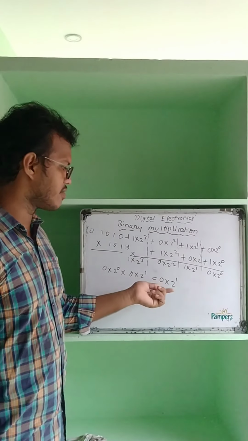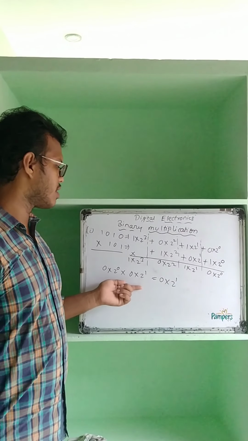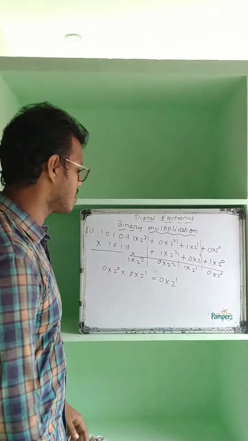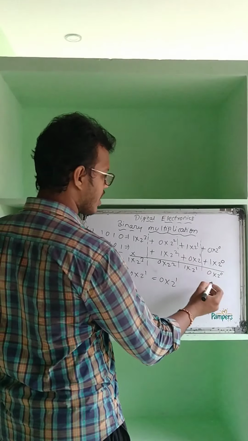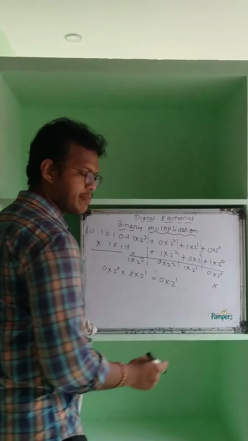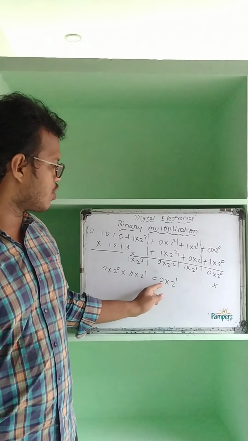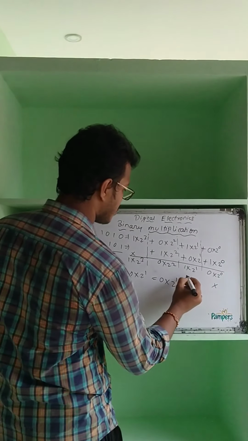If we see the result of the two multiplied numbers, the 2 power 0 is not appearing in the result, so we have to neglect this space and write that 0 into 2 power 1 in this column.